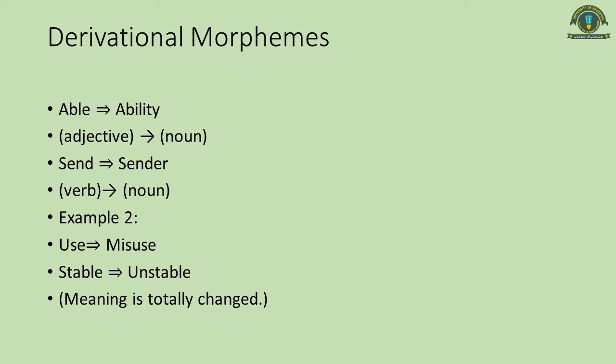And use, we can generate misuse, stable, unstable. So the meaning is totally changed when we put some kind of suffix or prefixes with these root words. As seen from these examples, adding a derivational morpheme will change either the meaning or the class of the word.